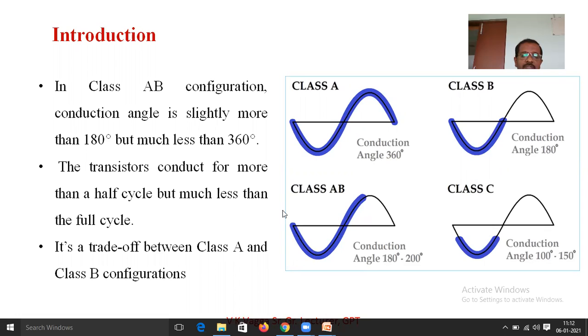If the operation takes place in this way, it is called a class AB amplifier. So the conduction angle is between 180 degrees and 360 degrees, initially above 180 to 200 degrees. And if you take class C, it should be less than 180 degrees.